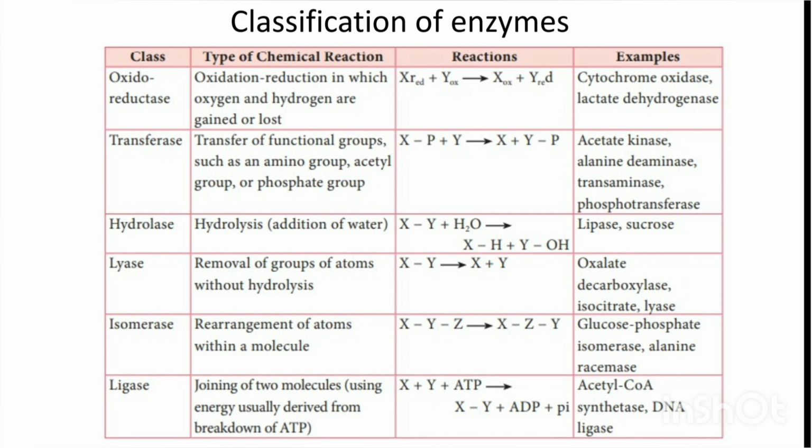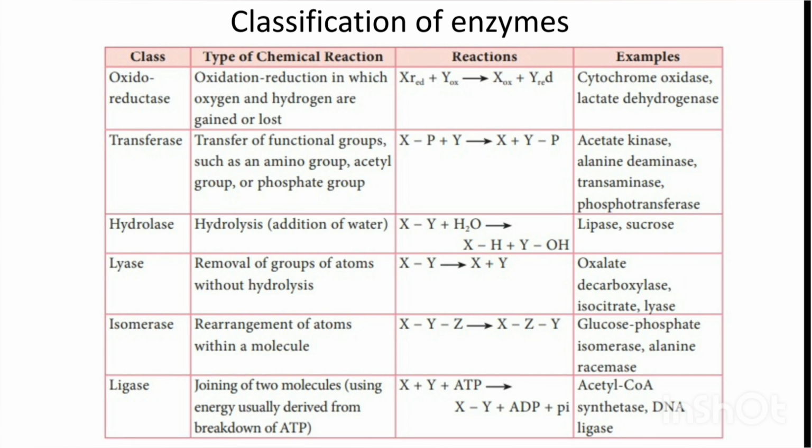Then classification of enzymes. There are 6 groups of enzymes. Oxidoreductase helps in oxidation as well as reduction reactions. Transferase helps in transfer of functional groups like amino group, acetyl group, phosphate group. They can transfer the phosphate group from X to Y. Hydrolase helps in hydrolysis, the addition of water.